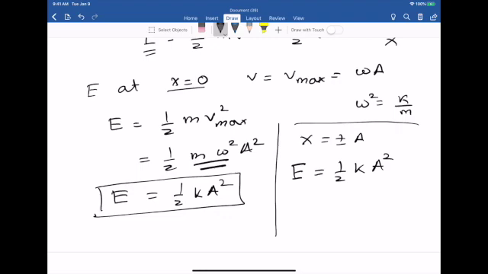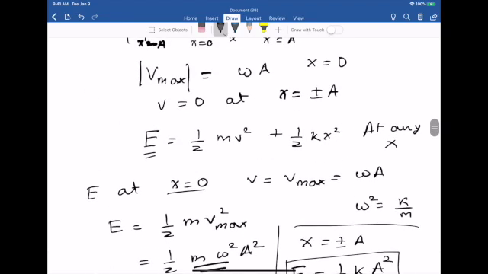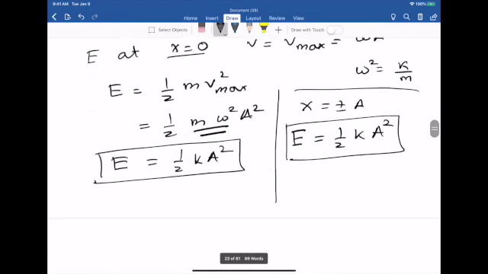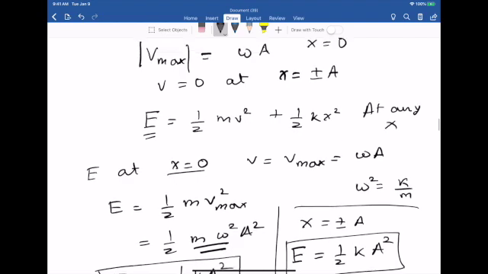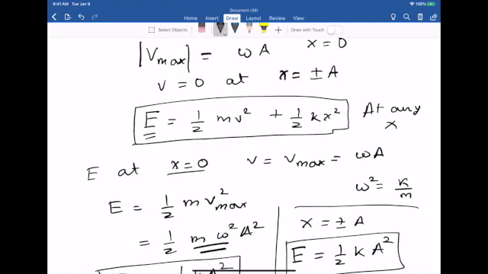There's no kinetic energy, and you get the same thing again. So the total energy of the simple harmonic oscillator is just given by half kA squared. And in general, at any arbitrary point, it's going to be half mv squared plus half kx squared. Okay, so we found the total energy of the simple harmonic oscillator.